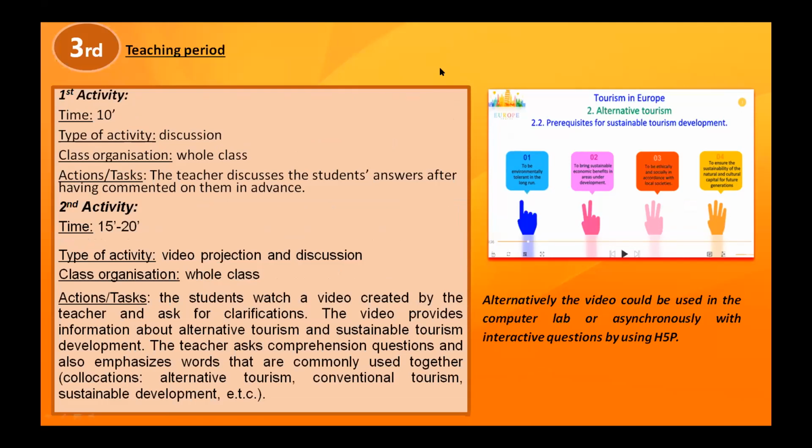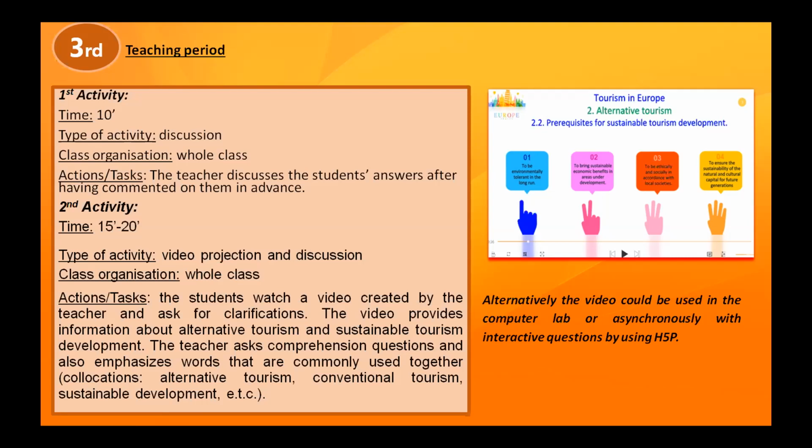So the third part of tourism is presented here, and involves alternative and sustainable tourism. The prerequisites for sustainable tourism development, what can be done to implement it, how it came about, its characteristics, types of alternative tourism, religious, health tourism, agritourism, and so on, and their benefits.